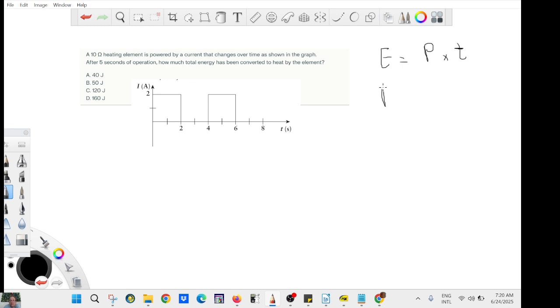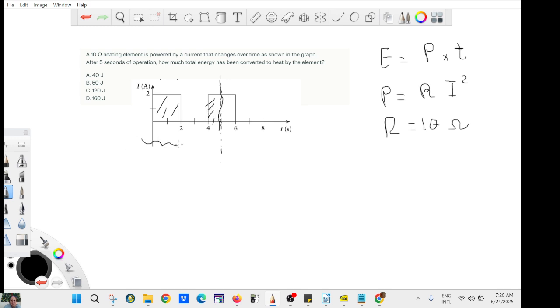And the power for resistance is R i squared, and R equals 10 ohms. So it says, what's the energy converted to heat after 5 seconds? So for 5 seconds, I'm only interested in this and that.